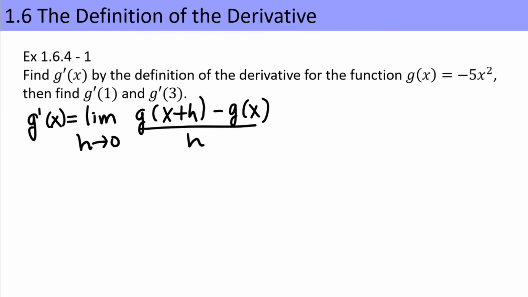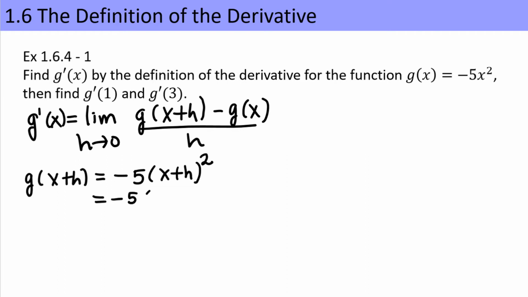Let's find the components. So for g of x plus h, in the function we will replace with x plus h every place there is an x. So we will write negative 5 times (x plus h) quantity squared.